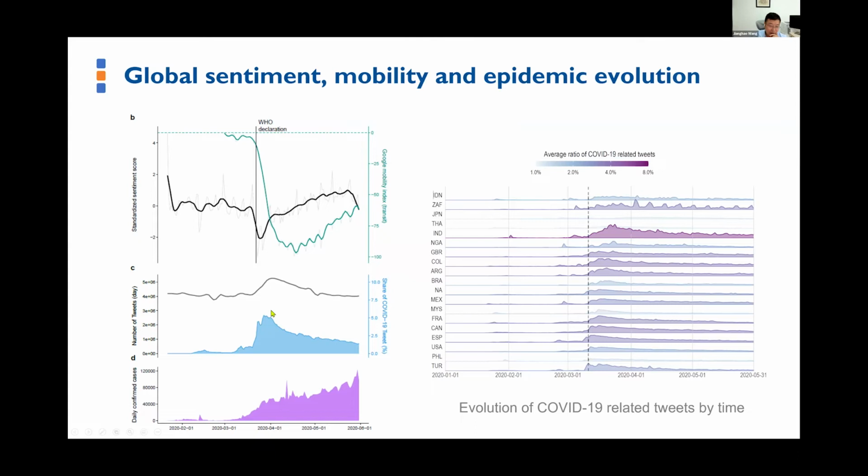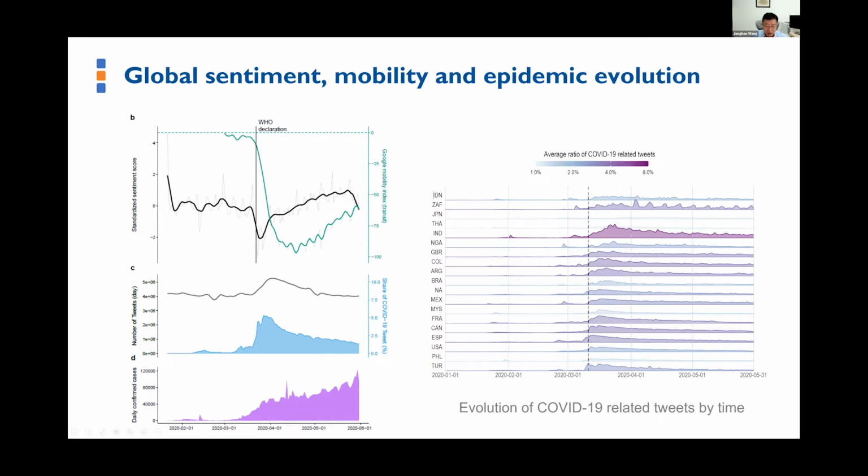Here we also show the daily number of geotagged tweets in black and the share of COVID-related tweets every day, and also the time series of daily new confirmed cases in purple, which was collected from Johns Hopkins University.